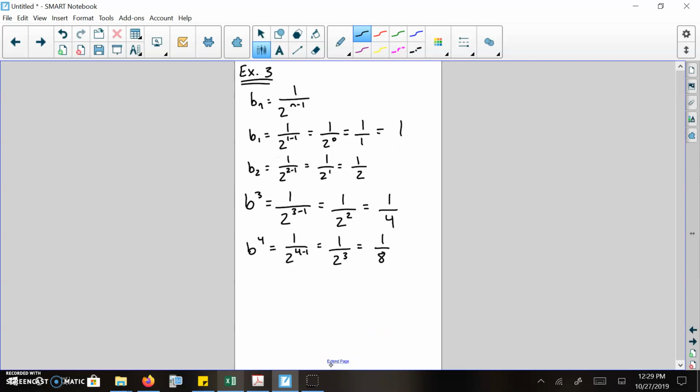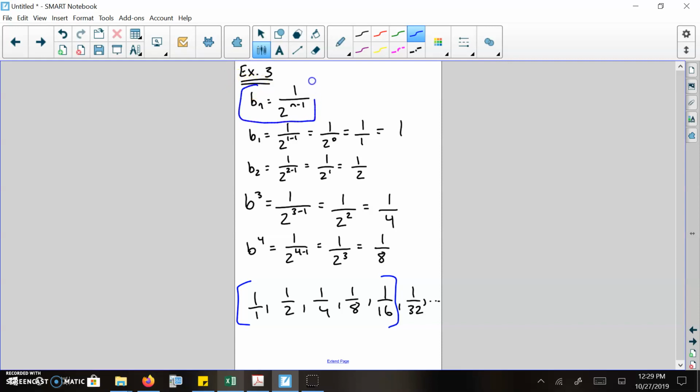Alright, if you take a look at the bottom of each of these fractions, what you'll notice is the bottom is doubling every time. Okay, and this was 1 over 1, double that you get 2, double that you get 4, double that you get 8, double that you get 16, double that you get 32, and so on and so forth. Okay, so here are the first 5 terms, and we're seeing how that pattern is laid out based on the formula that was given to us for that sequence.